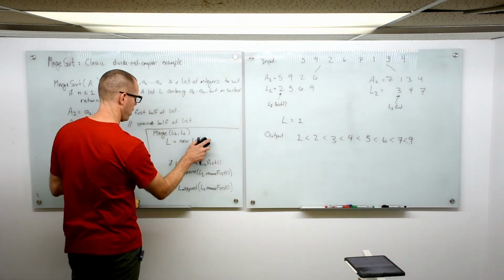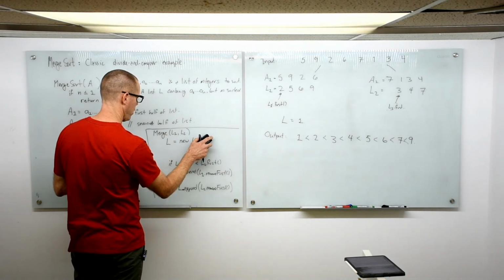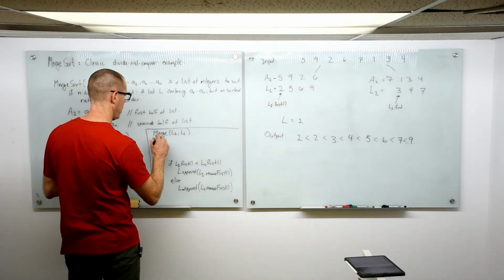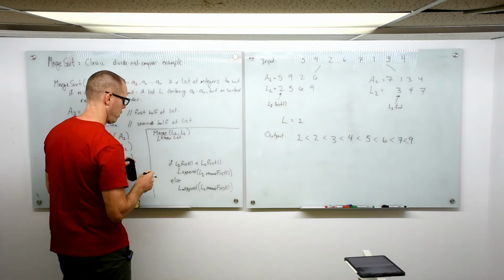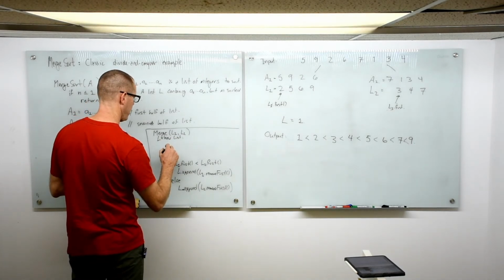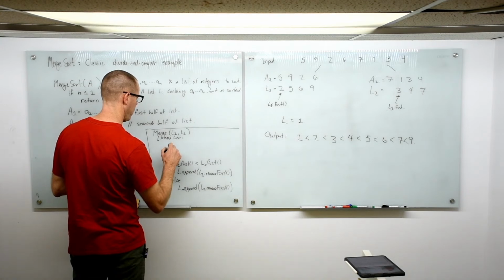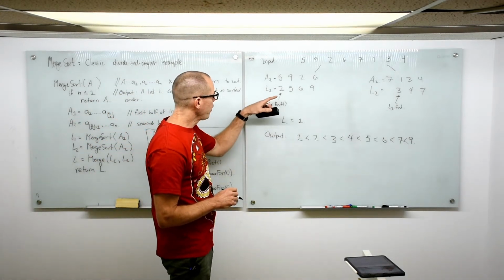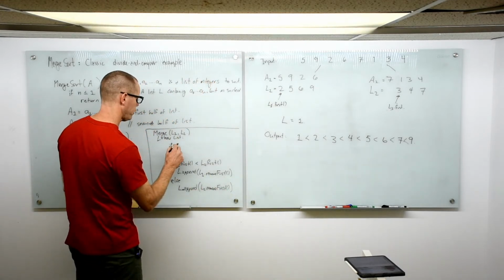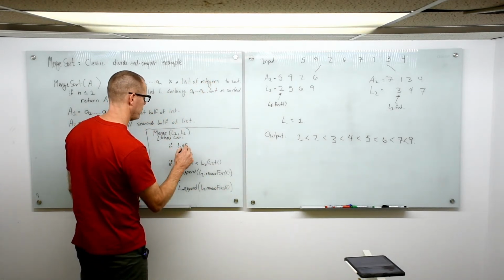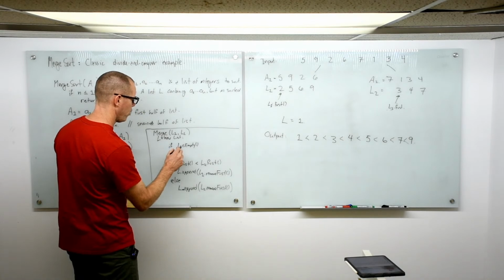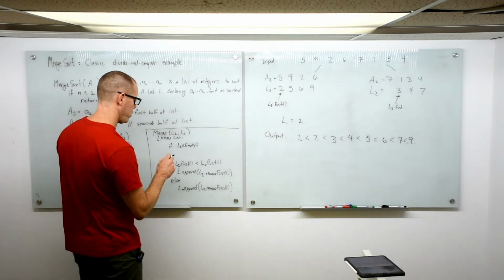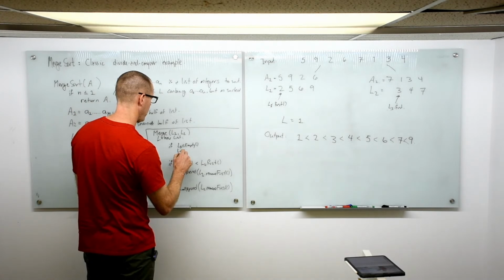So let's do a couple more bits of code here. Let's say L is equal to a new list. So we would have something like: if L1 is empty, then we should take our new element from L2.